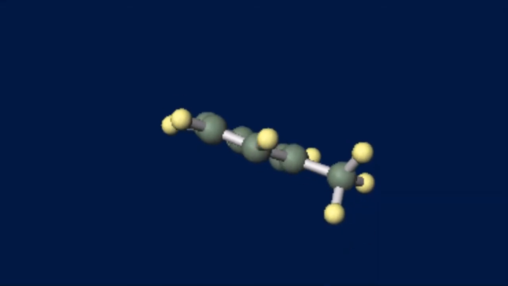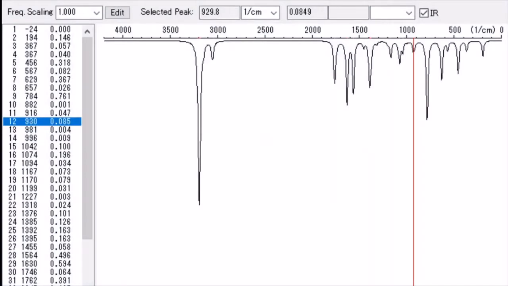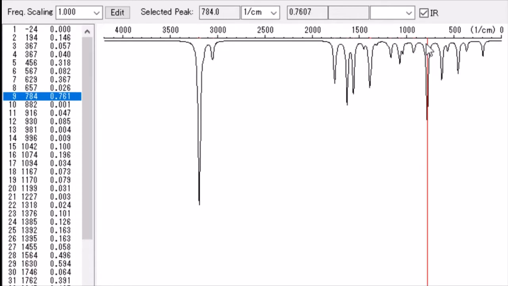Let us see the next peak. This is somewhat a high intensity peak. Let us see what that is. This peak is due to this kind of vibration.